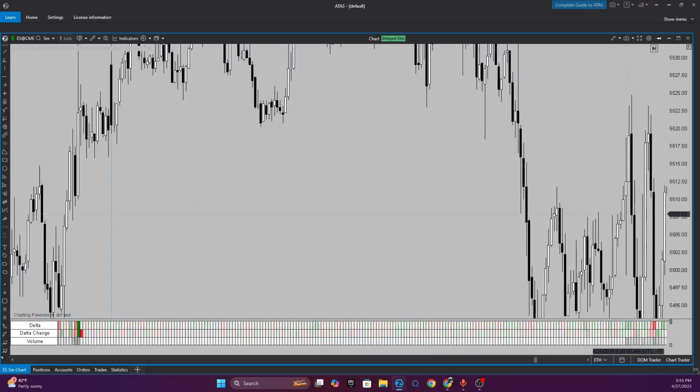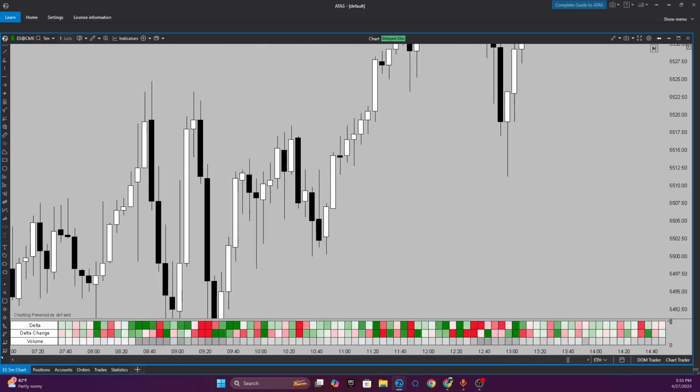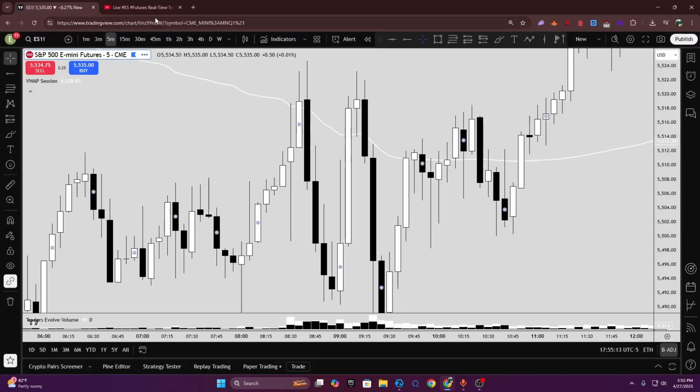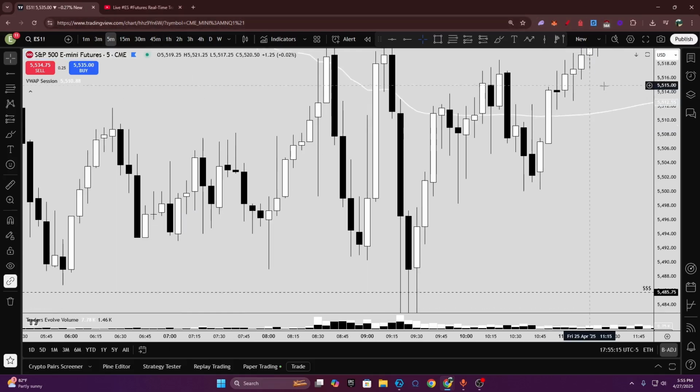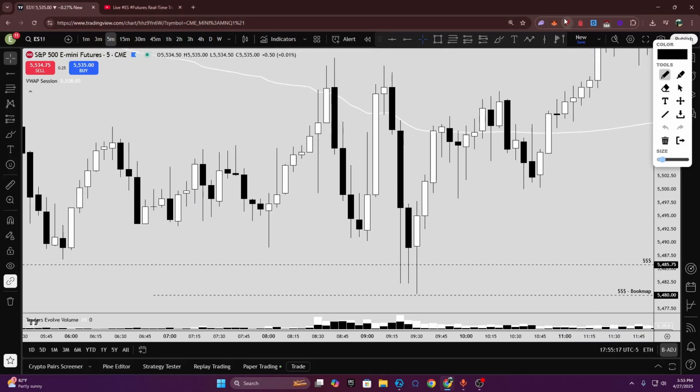But that's essentially all I have here for today regarding how to spot reversals using order flow. We talked about what order flow actually is and how you can use it with your key levels on the charts.